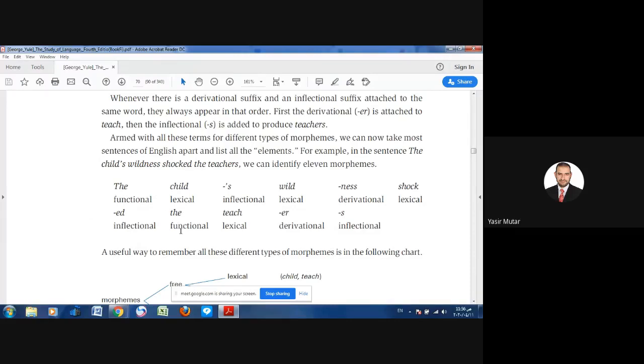There is also an article here, a functional free morpheme. Teacher: teach is a lexical free morpheme, and er here is a derivational bound morpheme, and the plural s identifies the plural form, an inflectional bound morpheme.